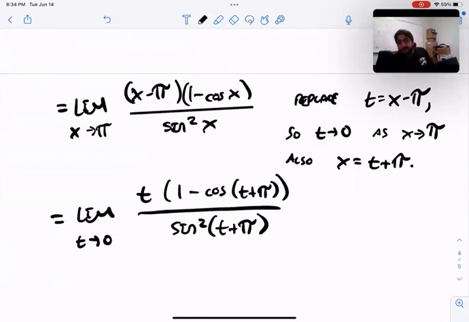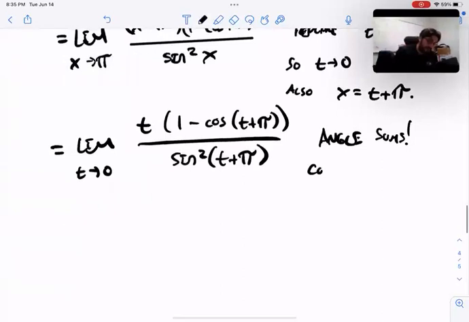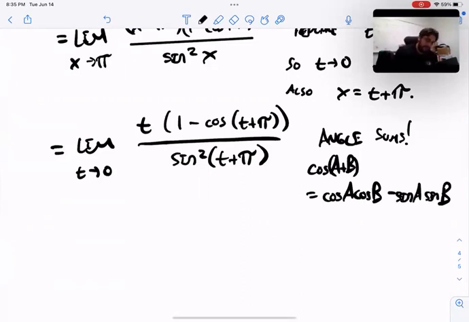Now I can play with this a little more. In particular, I could use some angle sum identities. I can use the fact that cosine of A plus B equals cosine A cosine B minus sine A sine B. That's the cosine angle sum identity.